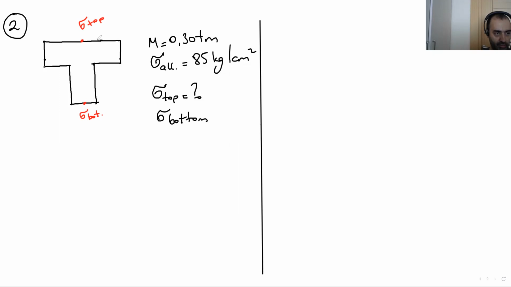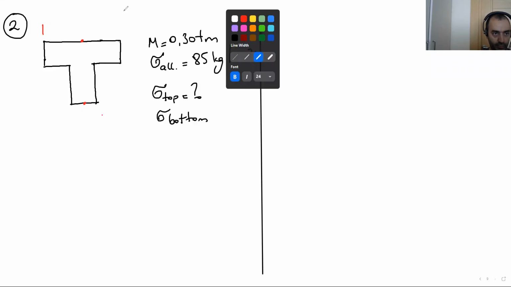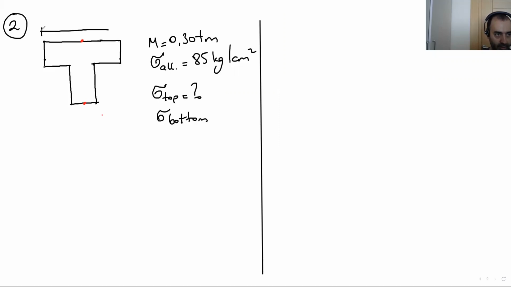By the way, I'm gonna clear this part and write again the dimensions of the section. 16 centimeter here, here is the 4, and here is 18 centimeter.